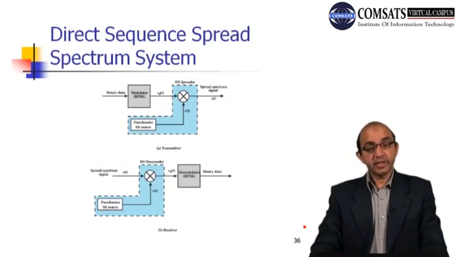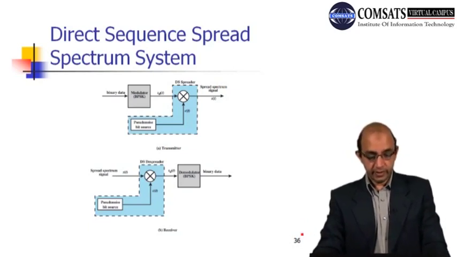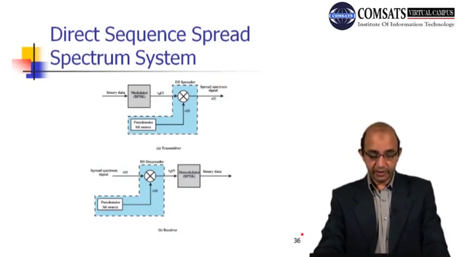Here we have the circuitry for direct sequence spread spectrum. You can see we have the transmitter and receiver. With binary data, the modulation is performed first over here.